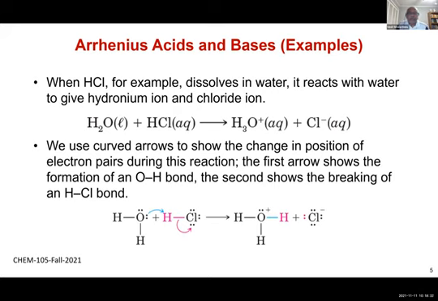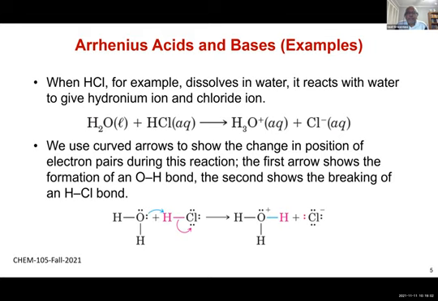So the water electron pair, that's the negative end of the water, is on oxygen. Oxygen has a negative dipole, and hydrogen has a positive dipole, delta plus, delta negative. So delta negative on oxygen approaches the proton and pushes away the electron pair on the HCl bond.